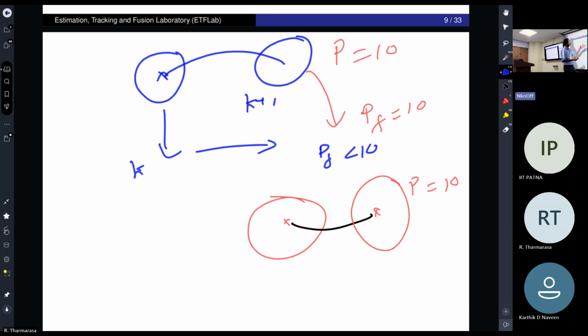Your estimate becomes optimistic here. This is a simple example showing that the tracks from the local one and the tracks on the global one are highly correlated. That is why we want to go for track-to-track fusion. I will discuss that, to reduce or eliminate the correlation before you fuse. Keep that in mind.